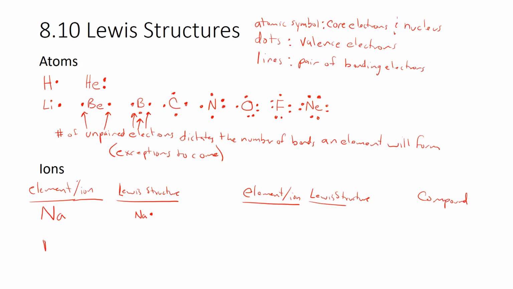Now, if we look at the ion that sodium forms, it's Na+. What you do there is you draw the element or atomic symbol and write down the charge. In this particular example, the sodium ion Lewis structure is the same as what we've been depicting for sodium, but you don't have to write in the electron because that electron is gone.